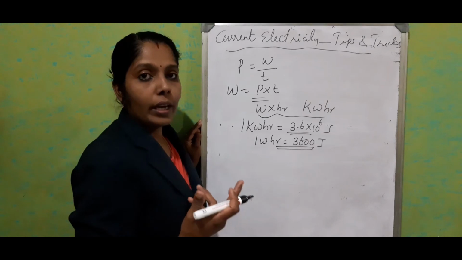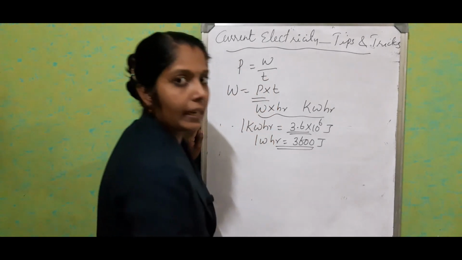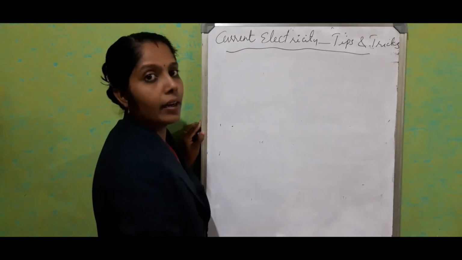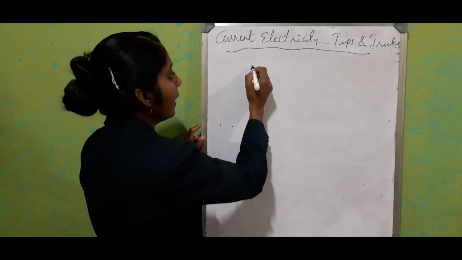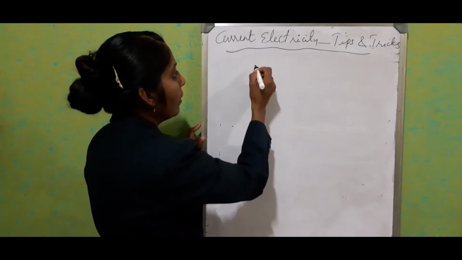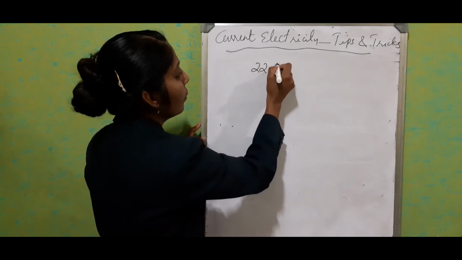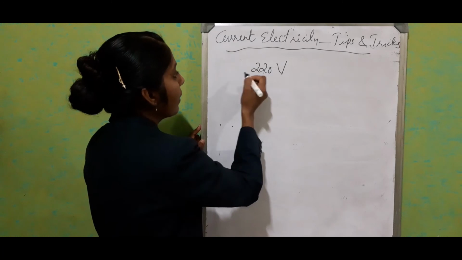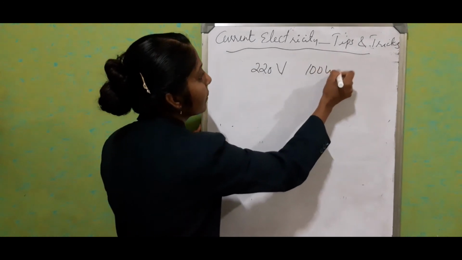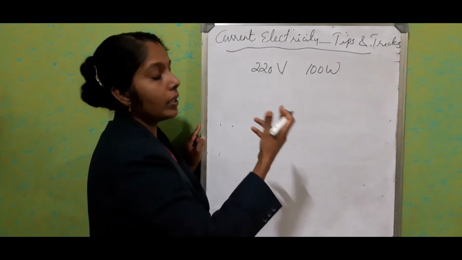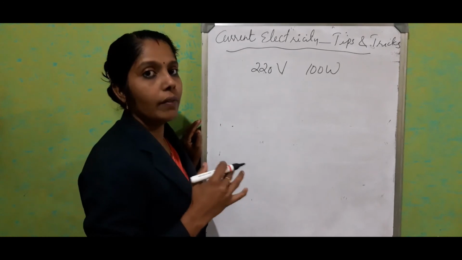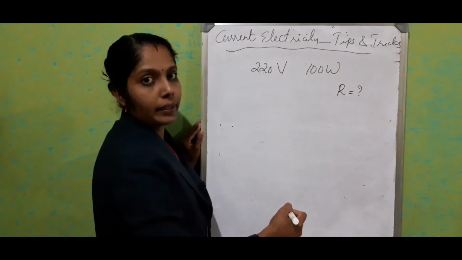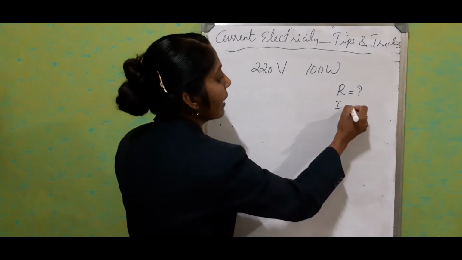Now, how can we find out the power rating and safe current? If it is mentioned that the rating is given as 220 volt, and the object is working with 220 volt having a power of 100 watt, if these two data are given, how can we find out the resistance offered by the material and the safe current?